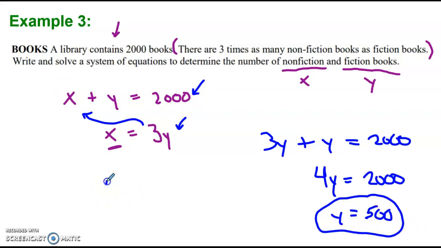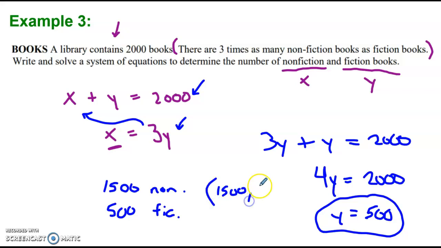So we'd say that there are 1,500 nonfiction books and 500 fiction books. However, if that is an ordered pair, it would be 1,500 and 500. Okay, so we'll do more practice on this today. Like I said, the real trick to all of this is setting up the equations. Once you have this part done, the rest is pretty straightforward.